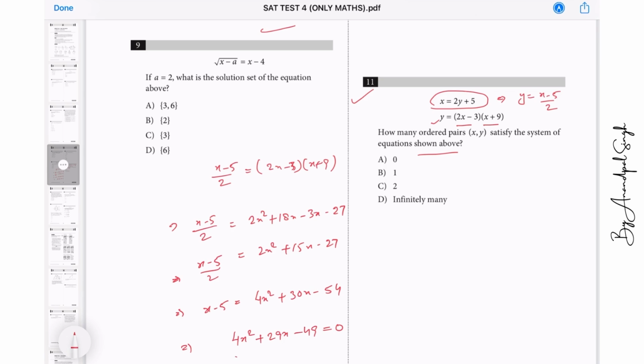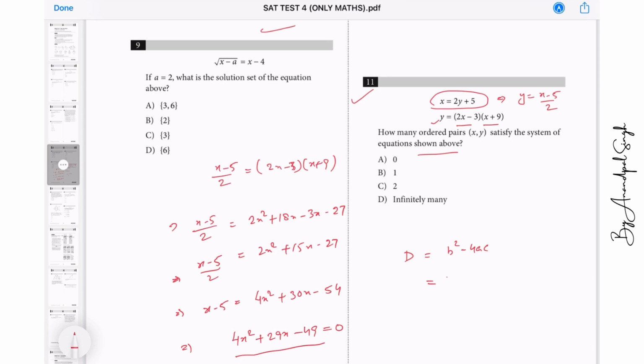Now see, what we need to do here is find d, that is the discriminant b square minus 4ac. If it comes out to be greater than 0, it means we have two solutions. If it comes out to be equal to 0, we have only one solution. And if it is less than 0, d becomes negative, then we have no solution.